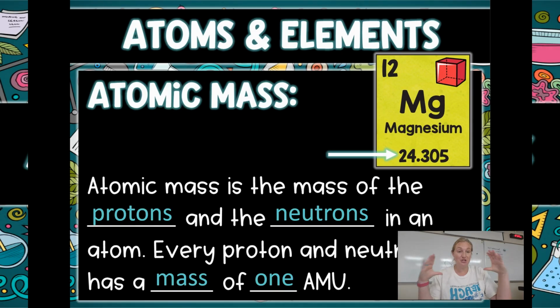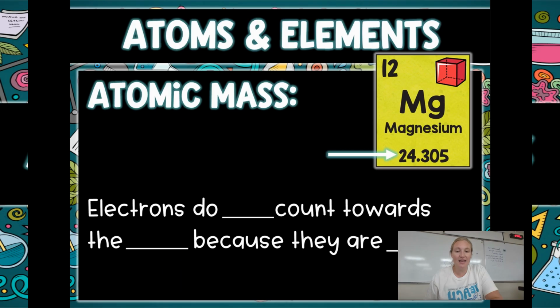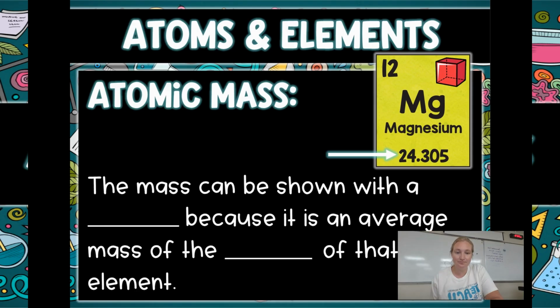If we take the total number of protons and neutrons and subtract the number of protons, that leaves us with the number of neutrons. So atomic mass minus atomic number gives us the number of neutrons that an element has. Again, electrons do not count towards the mass because they're so tiny. We just disregard them when calculating mass.